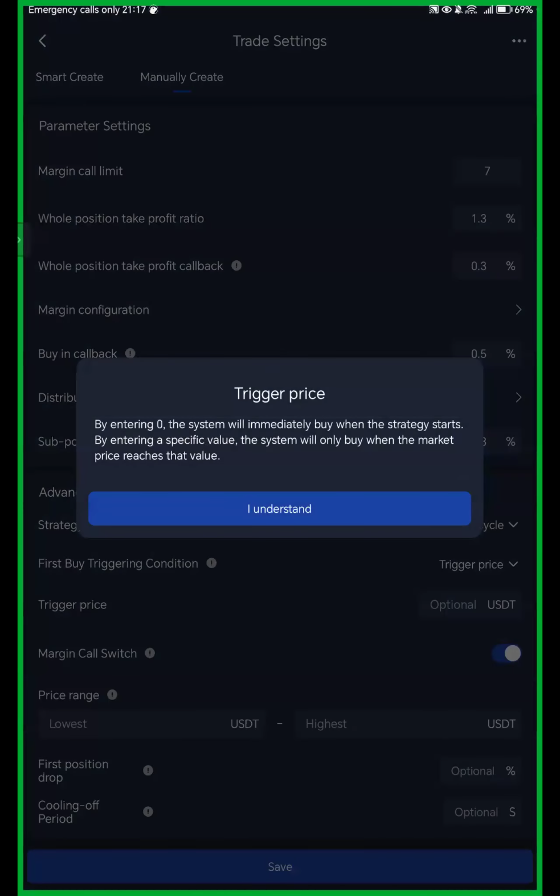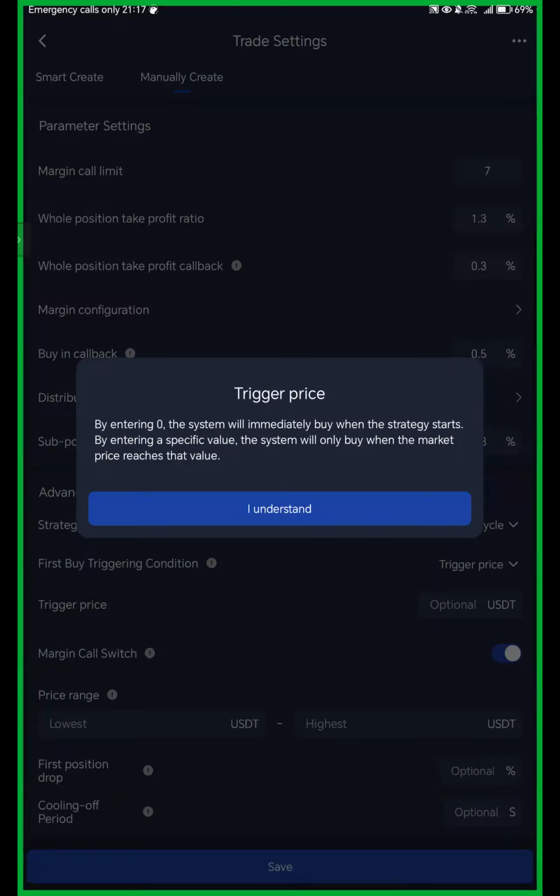When you put 0, it means the system will immediately buy when the strategy starts. When you click create, immediately the robot is going to buy at current price.